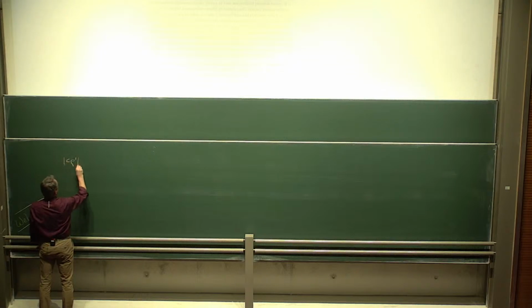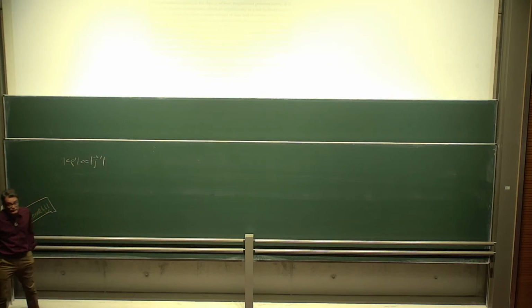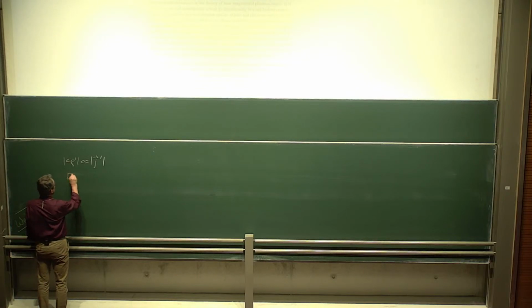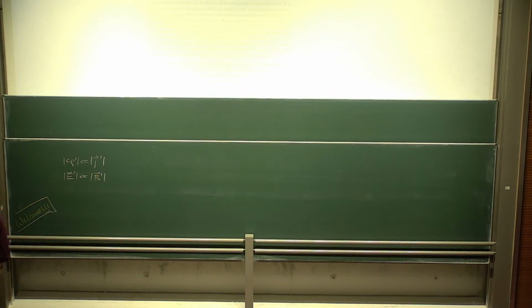All right, so the absolute value of this is supposed to be much smaller than the absolute value of the current density in the plasma rest frame. In line with that, we are going to assume that the electric field is much smaller than the magnetic field.